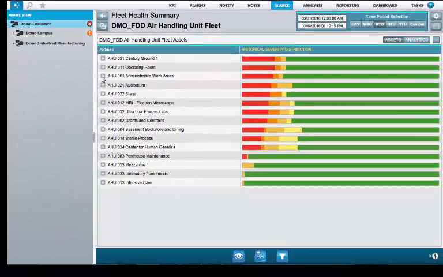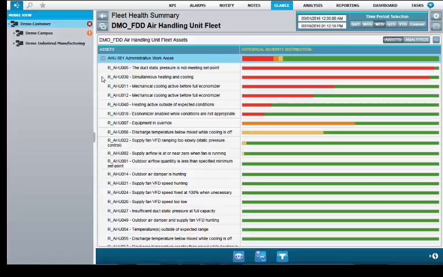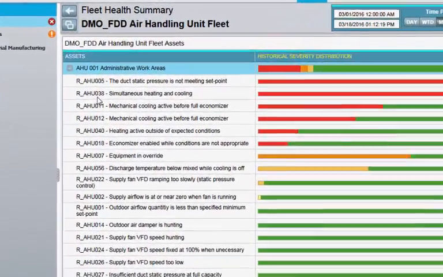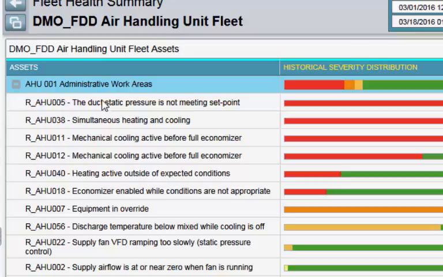So I can drive deeper into one of these individual pieces of equipment, and I'll pick the AHU number 1, the administrative work areas. And just by expanding it out, you can quickly see all of the different analytics that are running against that equipment. And you can see which ones are showing some sort of failure or opportunity for improvement.